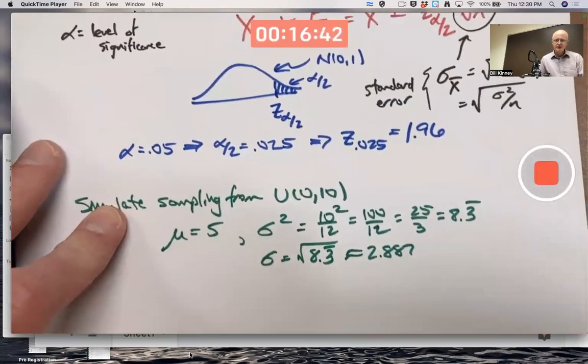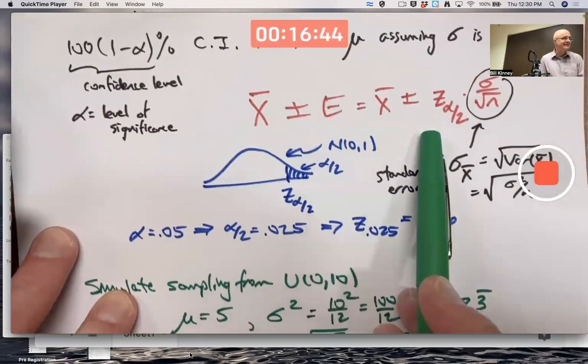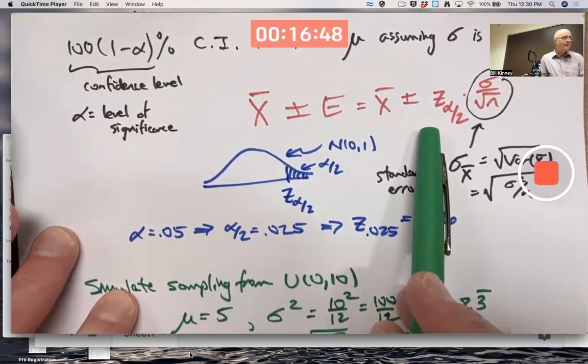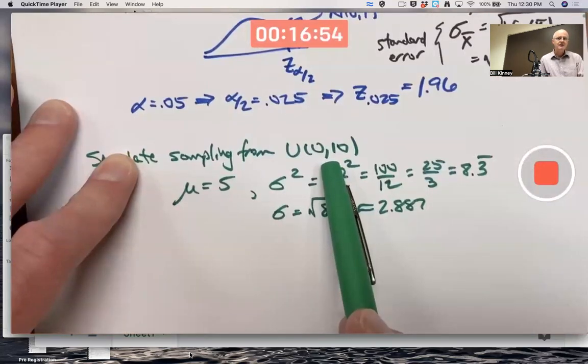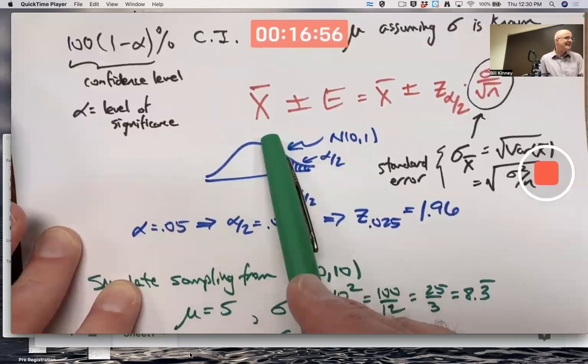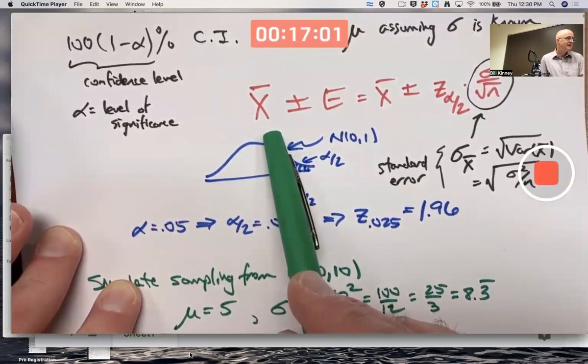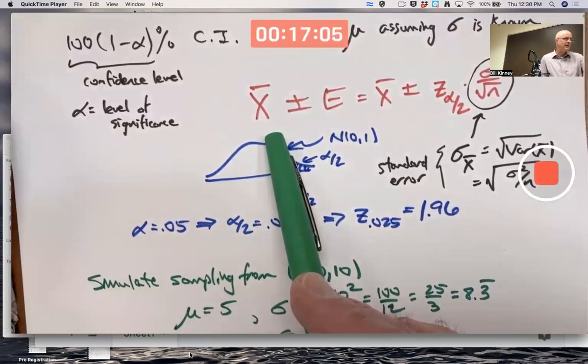What do I want to do in the simulation to help us understand this? I want to use rand on the spreadsheet to get random samples from this distribution, with a certain size n. I could use anything I want, but let's make it not too big so I'm not copying and pasting way down the spreadsheet.